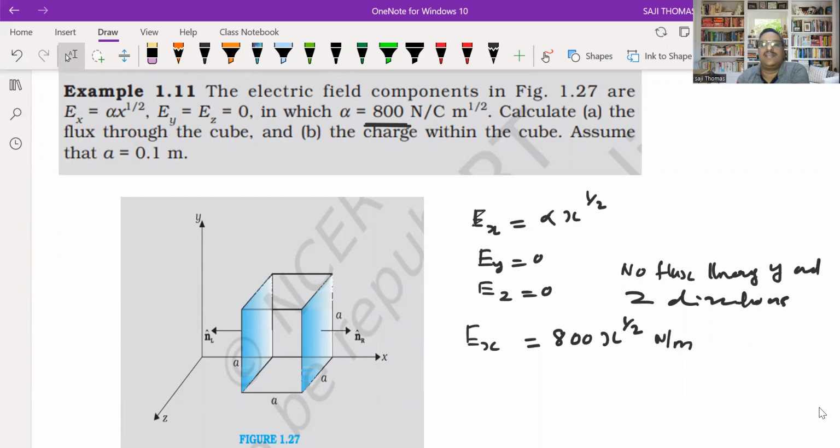This is the electric field, right? Now see the figure. See, you know this cube, there are two faces on the x-axis. Left face you can see, and writing this as left face, the other one as right face.